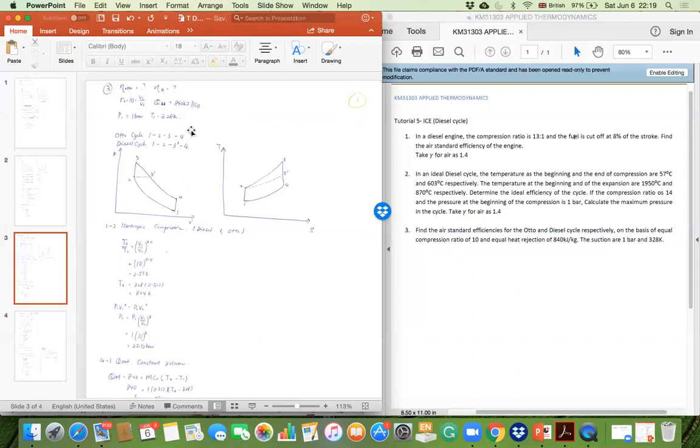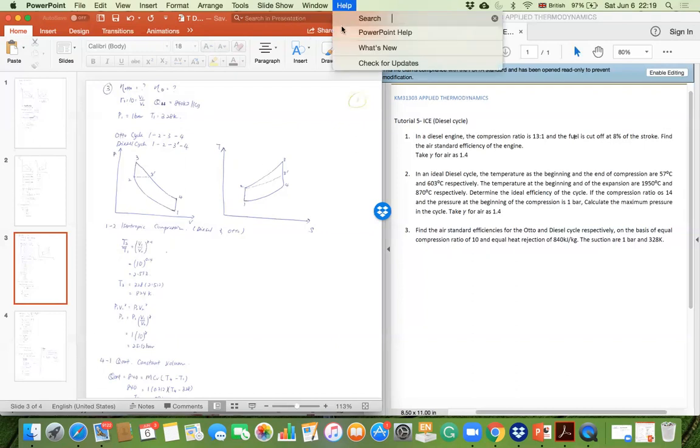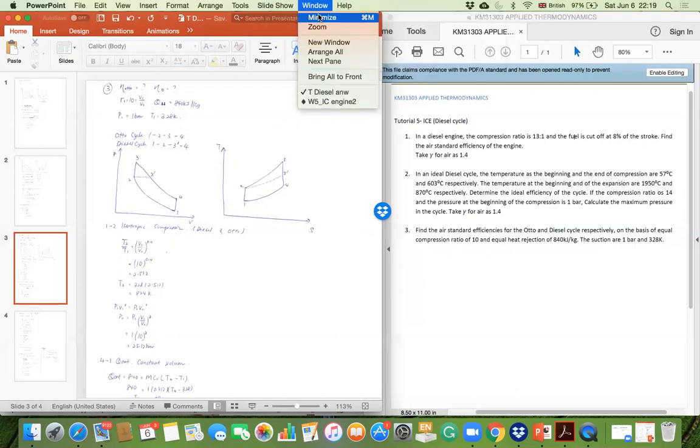You can use one of the ways. Of course there will be a slight difference in the value. That is fine, so no worry about that.